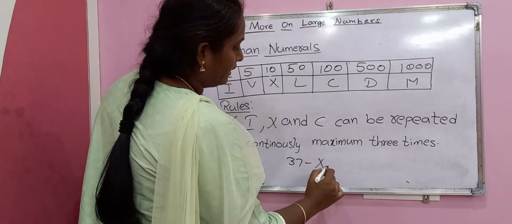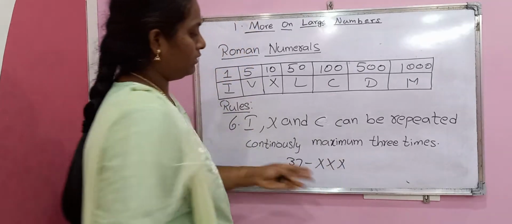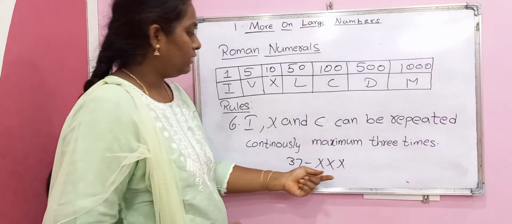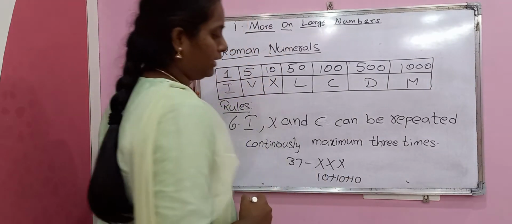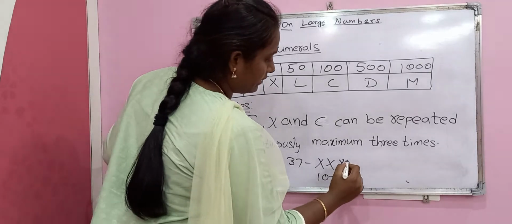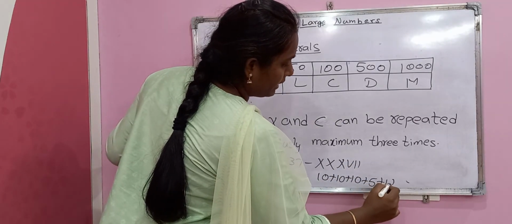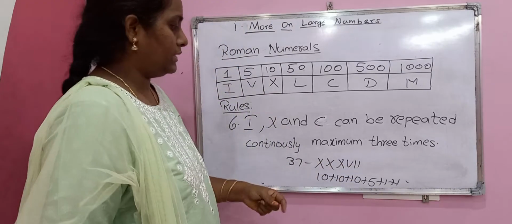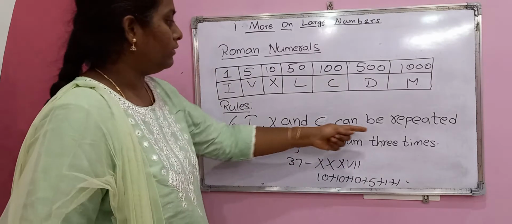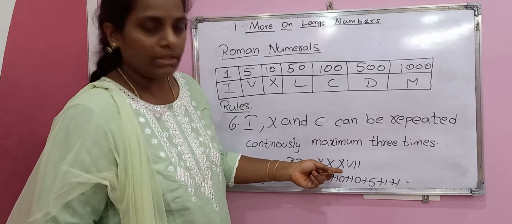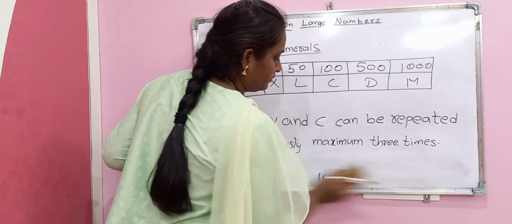X means 10. 3X means 30, 10 plus 10 plus 10. Next 7. V is 5 plus 1 plus 1. This is 37. X, X, X, V, I. Here we repeat X 3 times.